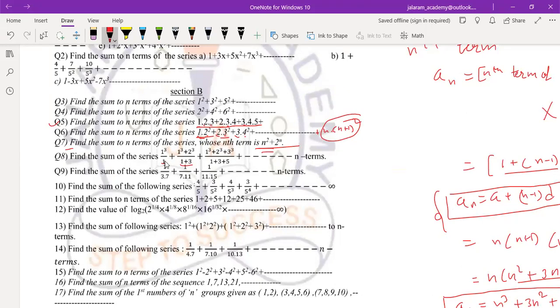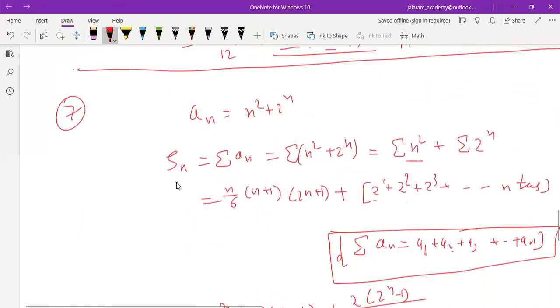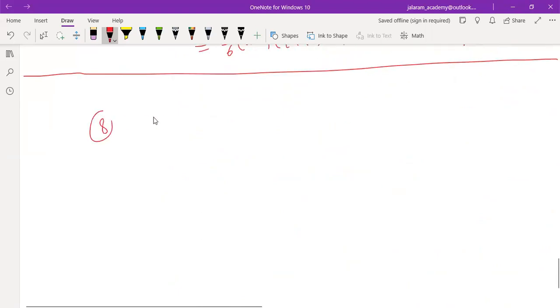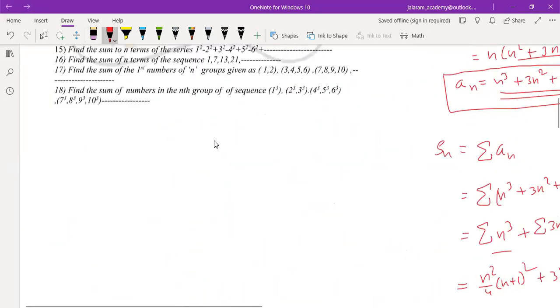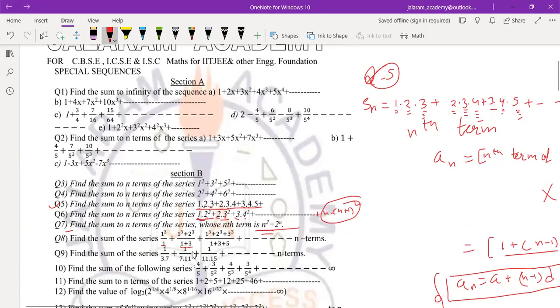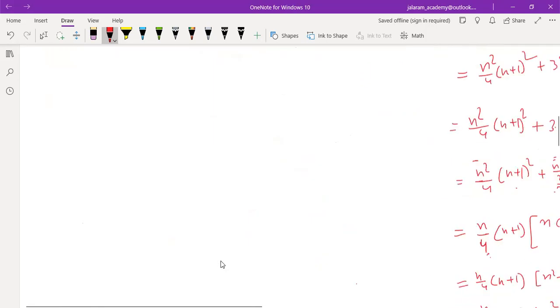An is 1 cube by 1, means first term is 1 cube by 1. Second term is 1 cube plus 2 cube upon 1 plus 3. Look at this. Third term is 1 cube plus 2 cube plus 3 cube upon 1 plus 3 plus 5.